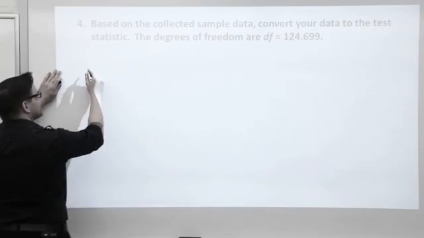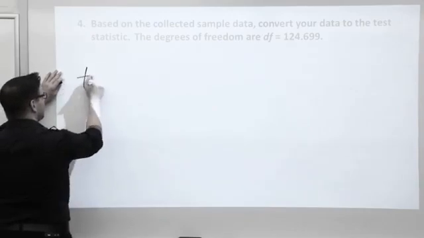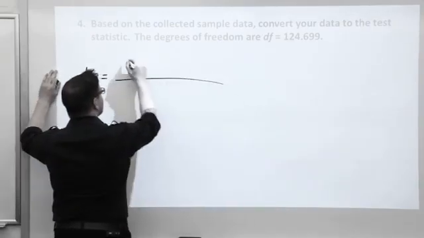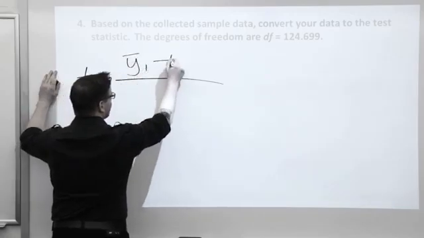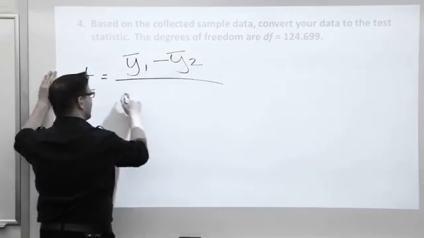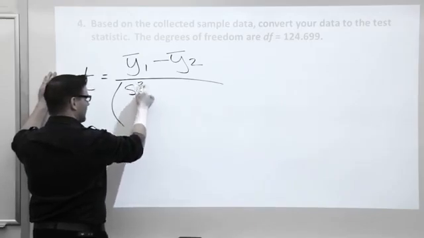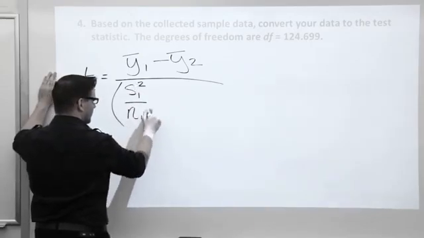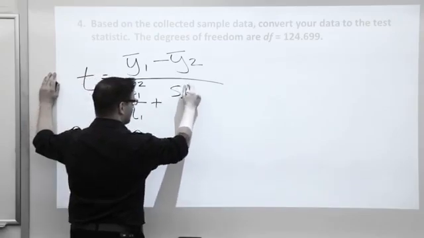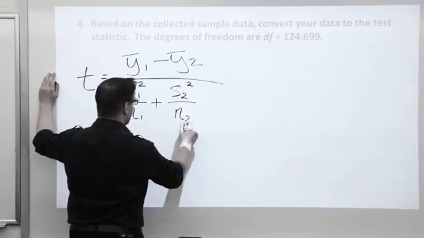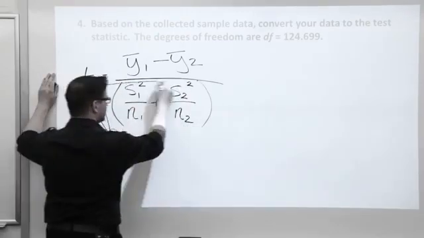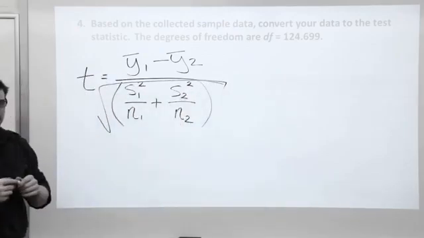Okay. Test statistic is a T. It's y bar 1 minus y bar 2, divided by the standard error of the difference, which is S1 squared over N1 plus S2 squared over N2, whole thing square rooted there.